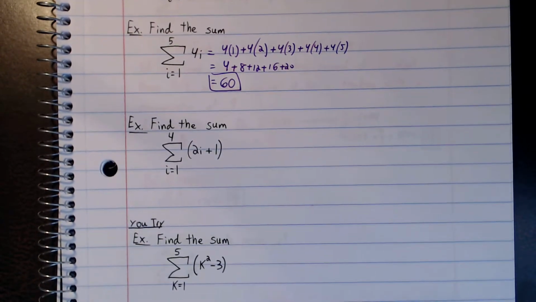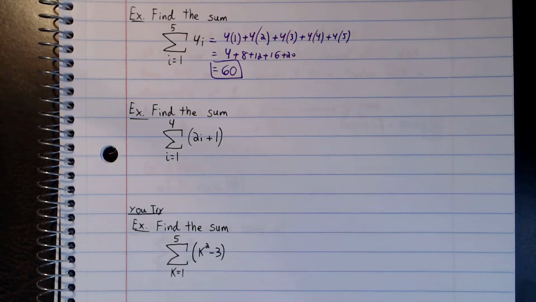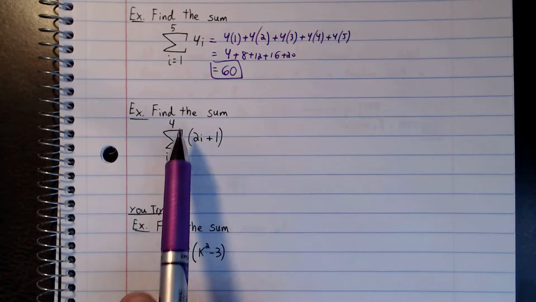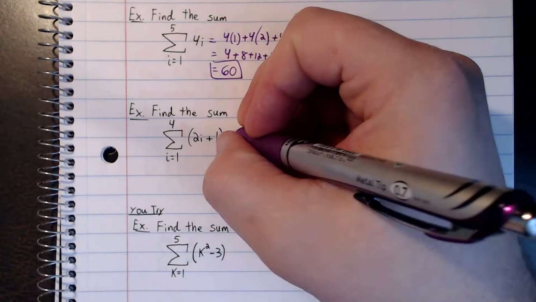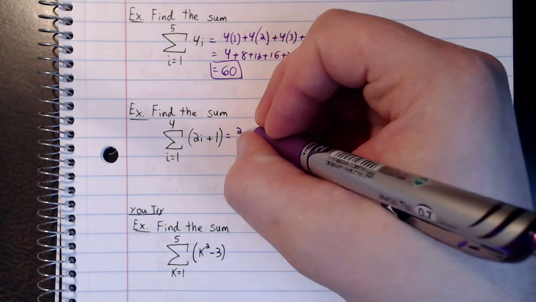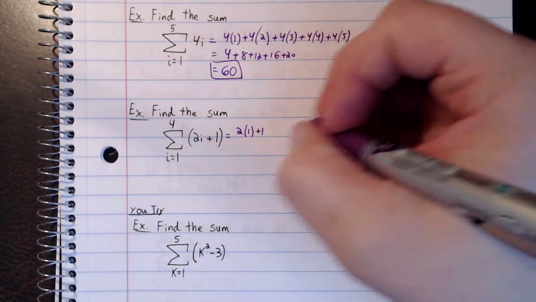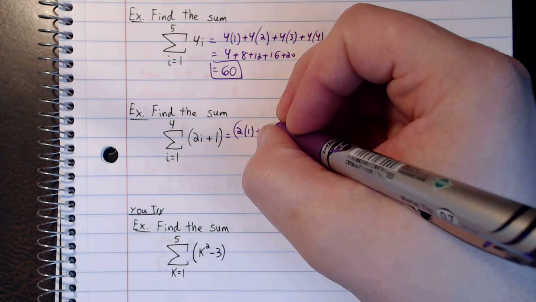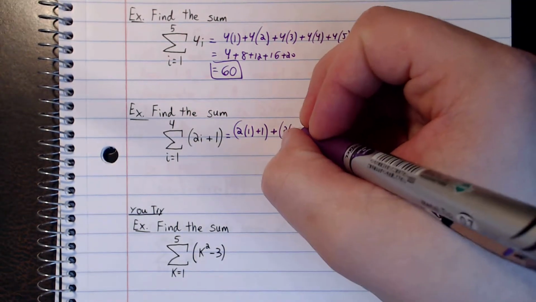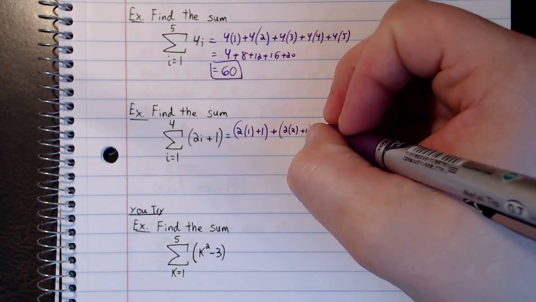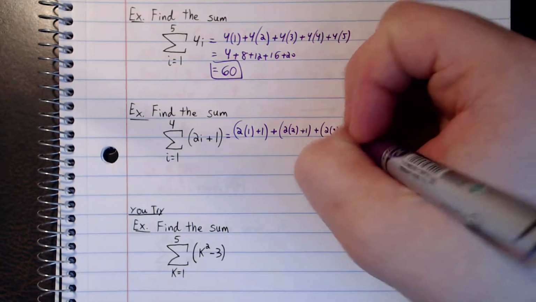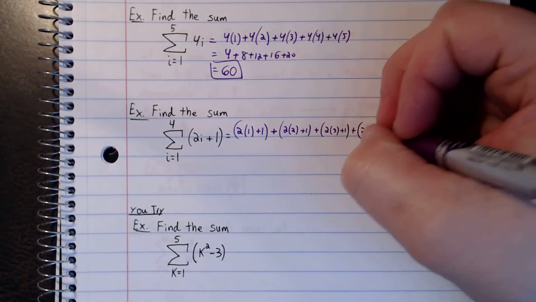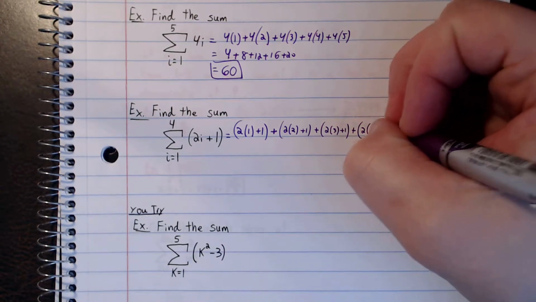Okay, let's check out a different summation. They want us to find the sum from 1 to 4 of this particular pattern. So we're doing 2 times 1 plus 1, plus 2 times 2 plus 1, plus 2 times 3 plus 1, and 2 times 4 plus 1.